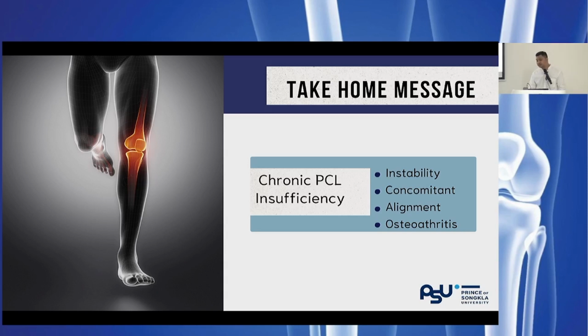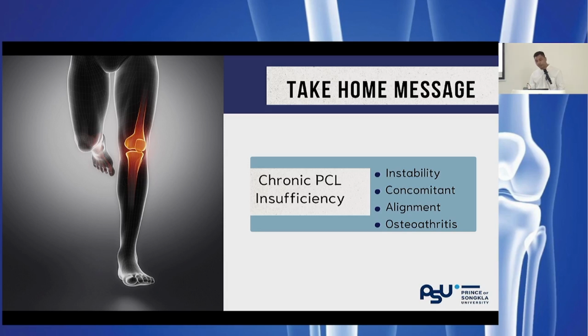The problem is how you clarify grade 2 or grade 3, because it can affect your decision besides just translation. As we know, grade 2 is posterior translation of 6 to 10 millimeters, and if the patient is an athlete or a young patient, we consider PCL reconstruction. If the patient has laxity, yes.